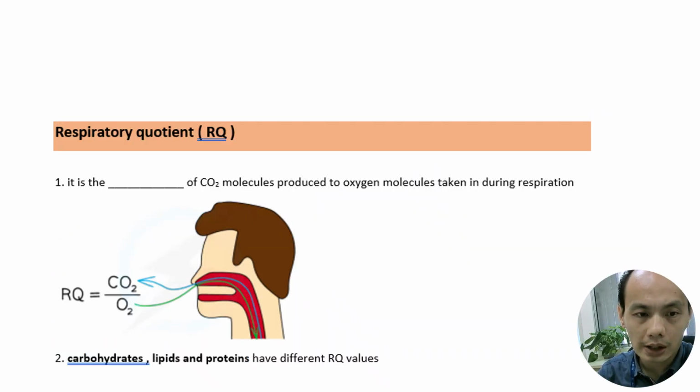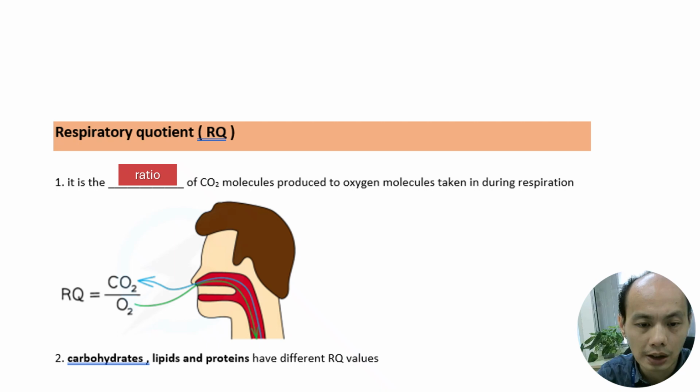Come to the last topic, talking about RQ, respiratory quotient. Respiratory quotient is used for what? This is a calculation to know whether a certain organism is using carbohydrate as the source of energy, or protein, or fat. It is the ratio of carbon dioxide molecules produced to oxygen molecules taken in during respiration, CO2 divided by O2.